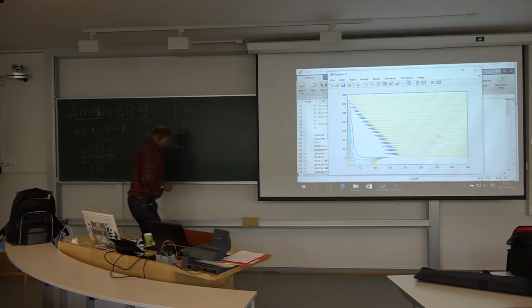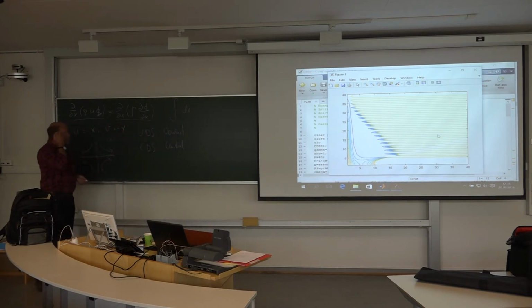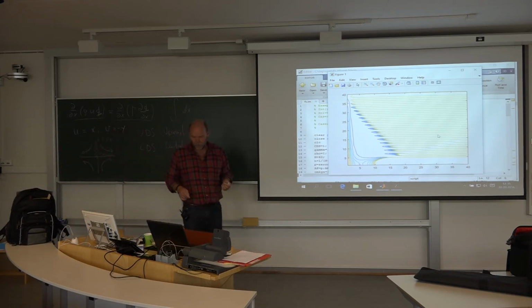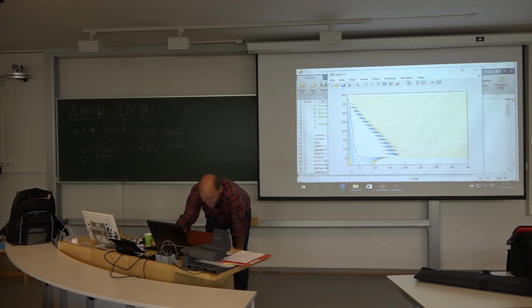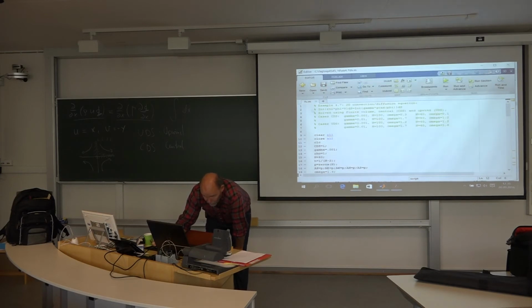We have looked at the stability here, and we found out that the cell Reynolds number should be smaller than 2. And yes, that's actually what we are fighting with now with the central scheme. The upwind scheme is still a nasty problem, a little nonlinear.